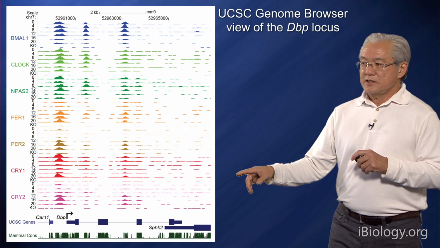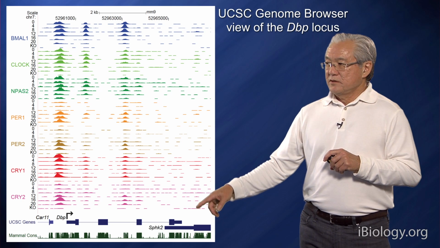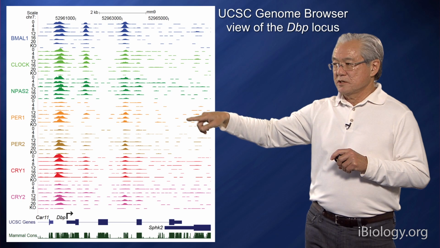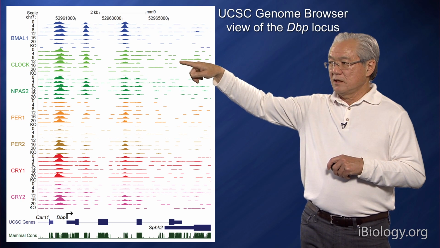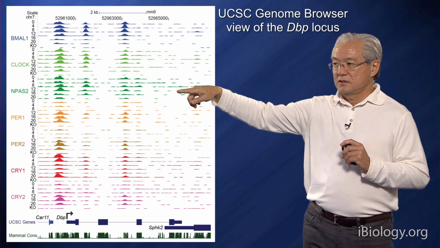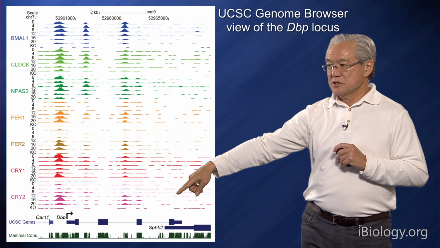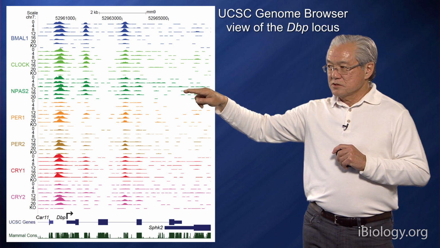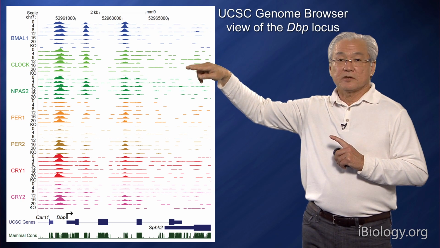Here's the same gene, DBP, but now we're looking at the DNA binding of all the major transcriptional regulators in the core feedback loop: BMAL1, CLOCK, NPAS2, which is the paralog of CLOCK, PER1, PER2, CRY1, and CRY2. And what you can see is that the 3 activators all bind the same sites, and they have a very similar temporal pattern.